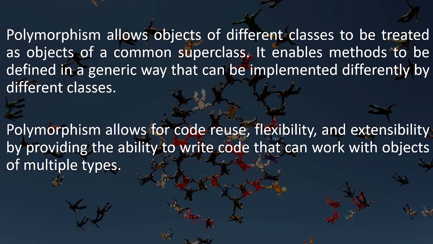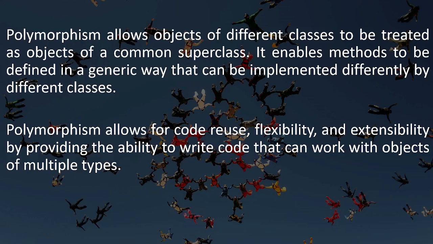Now, polymorphism allows the coder to reuse the code. It gives flexibility and extensibility by providing the ability to write code that can work with objects of multiple types. So polymorphism is a very important feature of object-oriented programming.